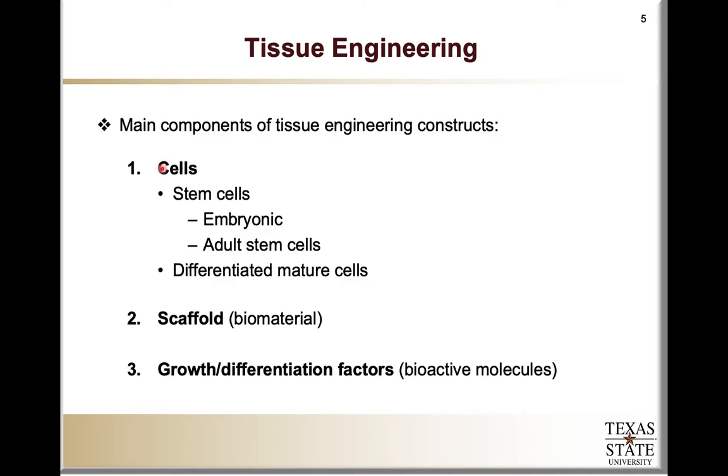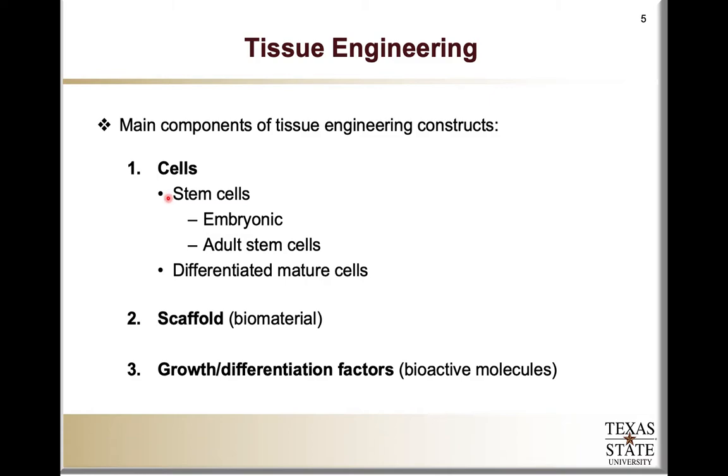In terms of the cells that we can include, if we are going to incorporate those cells into the scaffold in vitro, what we can utilize is going to be either stem cells or differentiated mature cells. Stem cells are cells that have the capability of self-renewal, and they have the ability to be differentiated into multiple lineages or multiple different types of cells to be able to function as different tissues, basically.